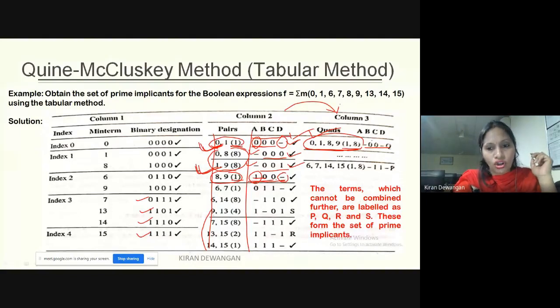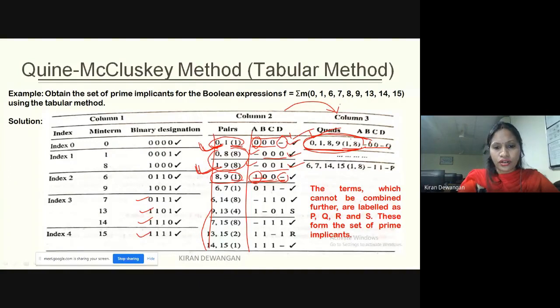So it is already formed. Quad formation is already done with the same mean terms 0, 1, 8 and 9. That quad has already been formed, so we need not check it again.